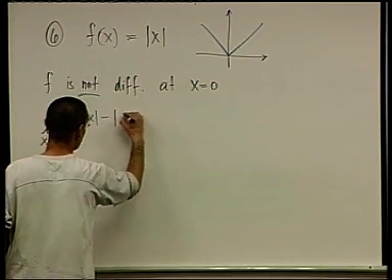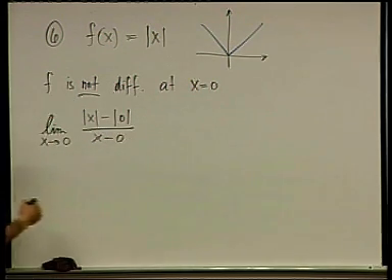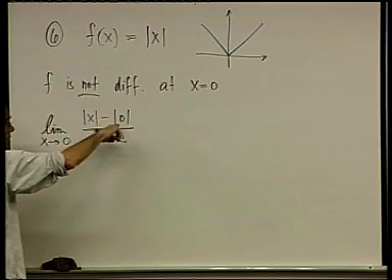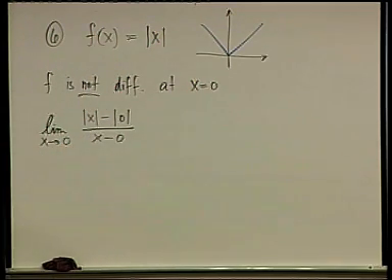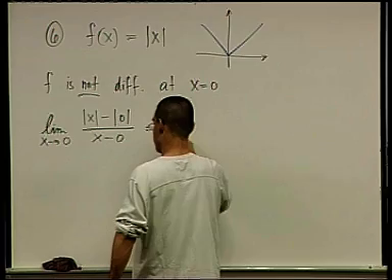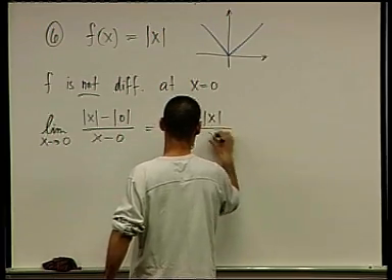Of absolute value of x minus absolute value of 0 divided by x minus 0. That's the limit we want to calculate, right? That's the definition of the derivative for the function absolute value of x and for the point x0 being 0. Do you agree that this is the limit we want to calculate? Okay. So this equals the limit as x approaches 0 of absolute value of x divided by x.